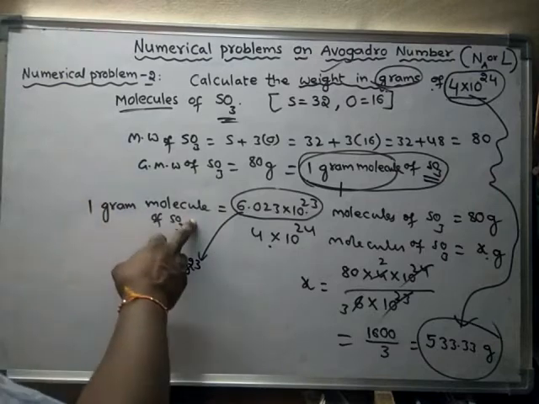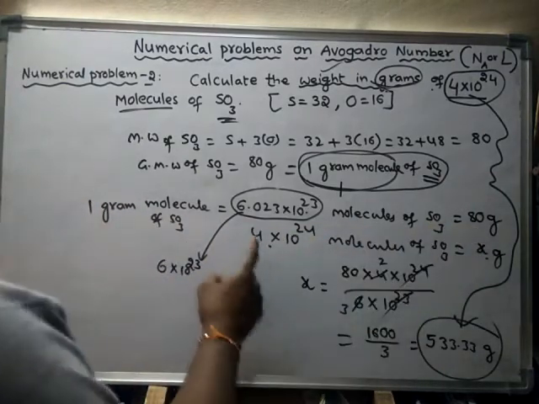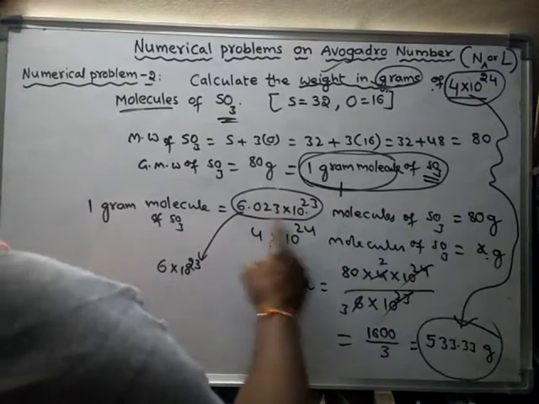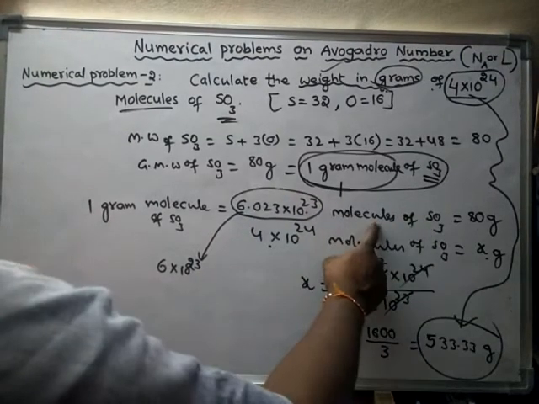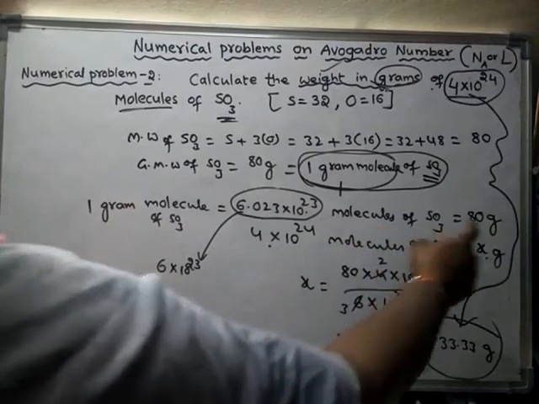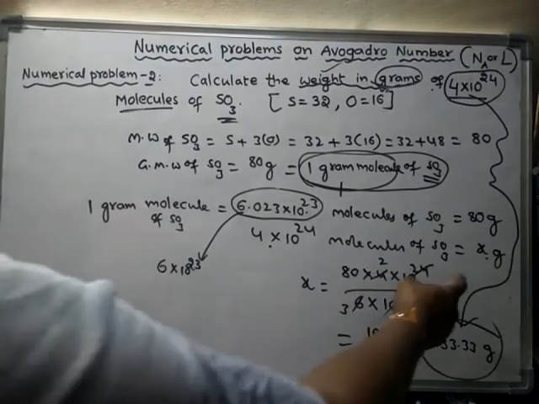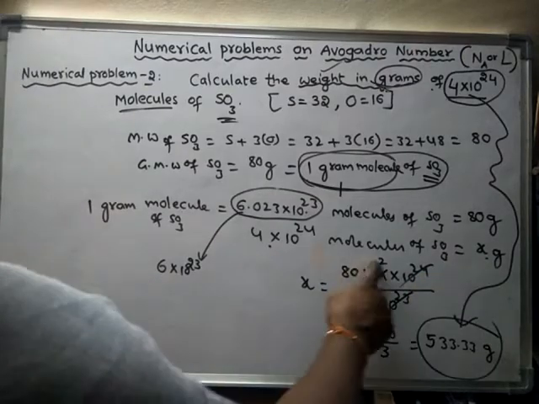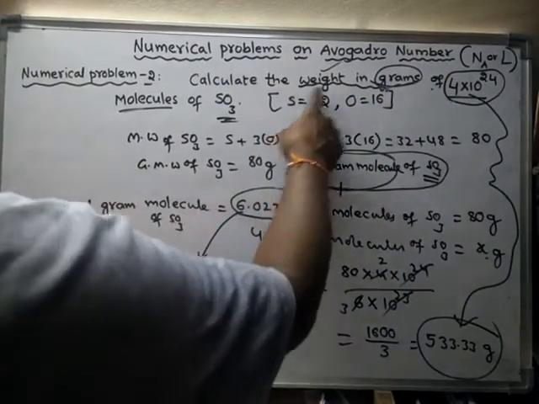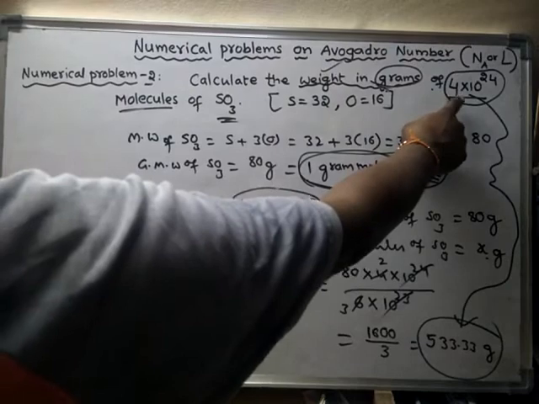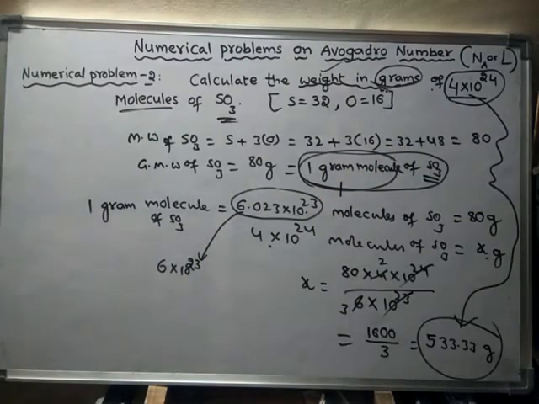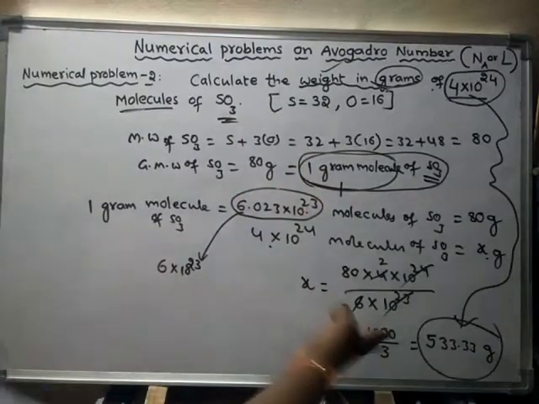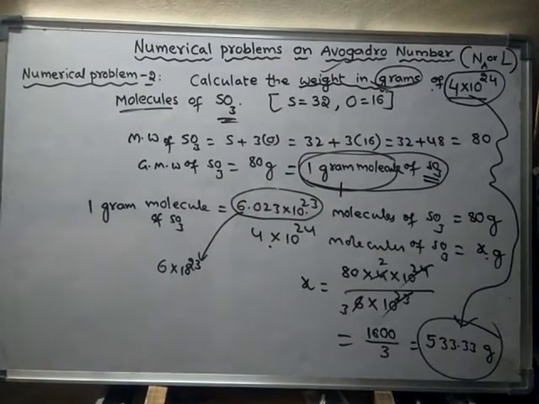So 1 gram molecule of SO3 will be 80 grams. All these molecules will weigh together 80 grams. The question is, what is the weight of 4 into 10 to the power of 24 molecules of SO3? Based on this given data, we can calculate like this.